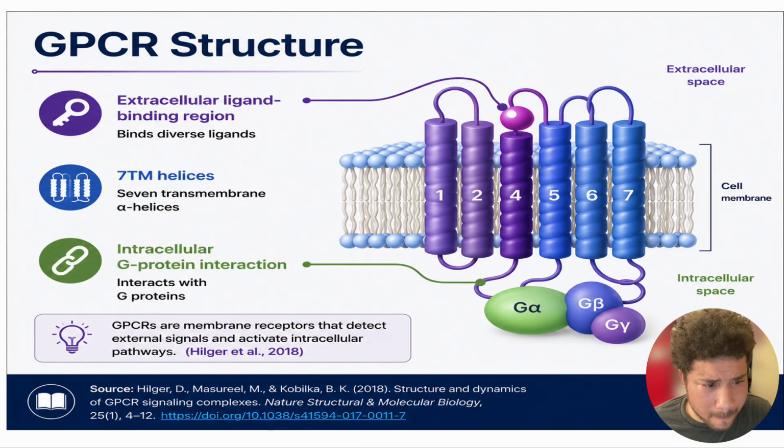The structure also explains why GPCRs can recognize so many different ligands while using a broadly similar activation mechanism. The extracellular and ligand binding regions can vary, subsequently providing specificity.